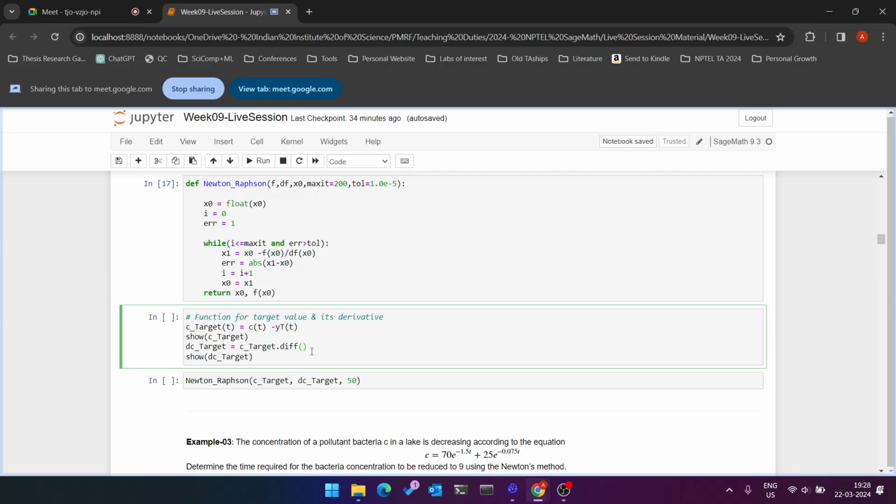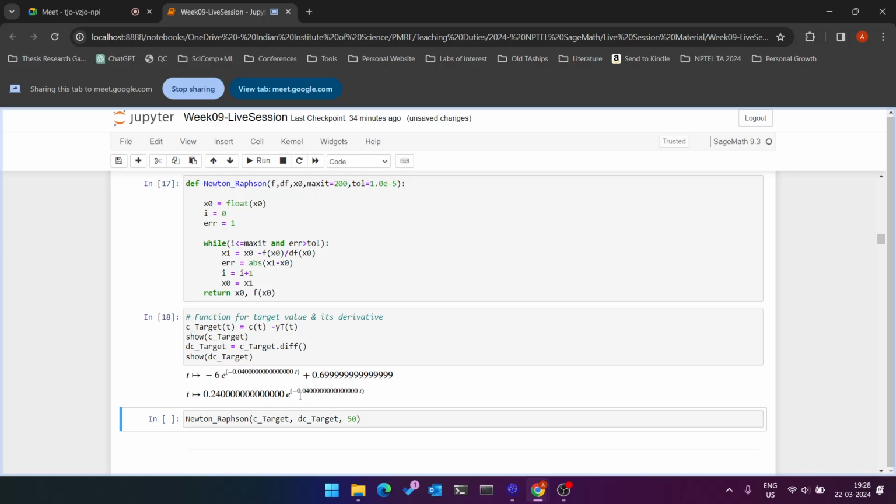We only have one variable, so I'm directly writing dot diff to get the exact derivative. If I show both of the functions, I see that this is my target function.